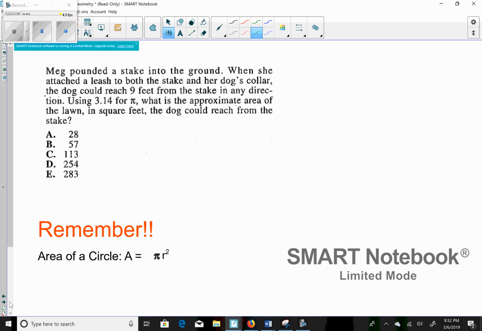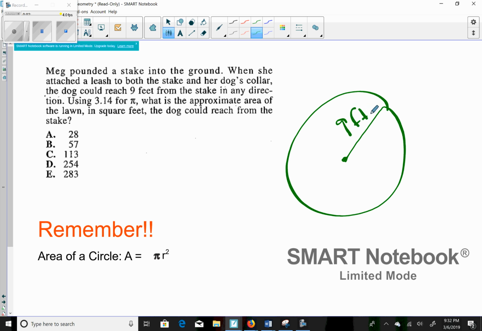The next one, it tells you that Meg pounded a stake into the ground. So here's the stake in the ground. The leash is 9 feet, which means that dog can travel in a circle. And it wants to know what is the area in square feet that the dog can reach. So the radius of my circle happens to be that 9 feet for the leash.